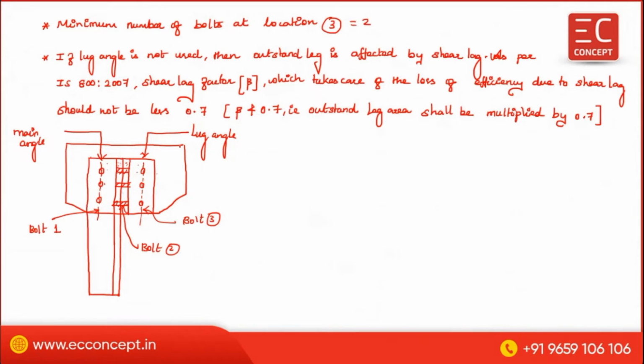IS 800 2007 says if you are not using a lug angle, then you have to reduce the area of cross section, because the efficiency reduces. So by considering the shear lag effect, you have to consider the shear lag factor beta equal to 0.7. Why are we considering it? To take care of the loss of efficiency.